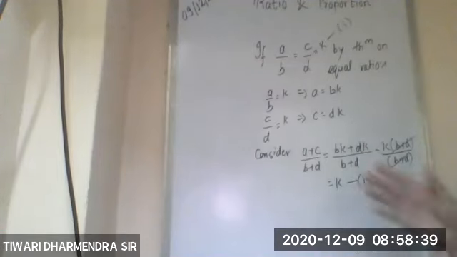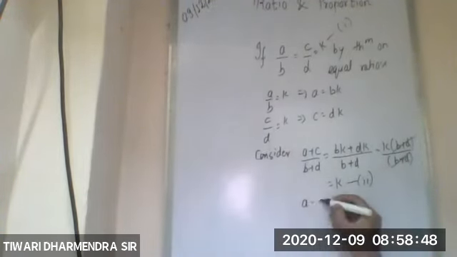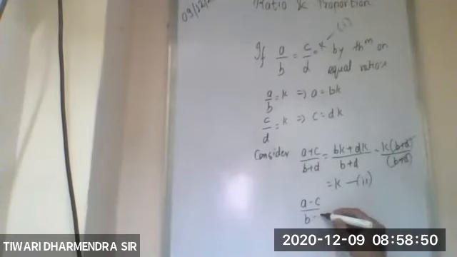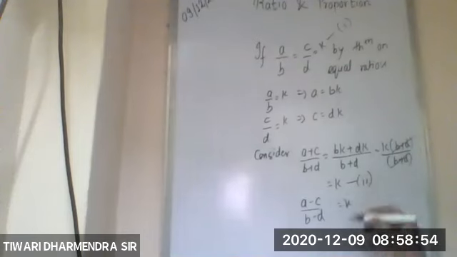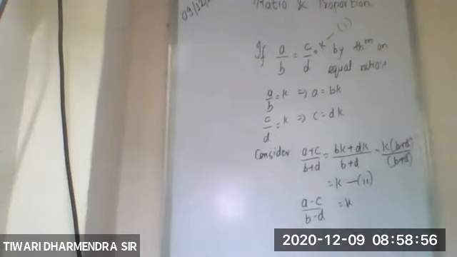There is no change. Similarly, you can do it for subtraction, that is by taking a minus c upon b minus d. You will get the same answer, that is equal to k. And from here we conclude. So in the problems, as per the need, as per the requirement, we will use the theorem on equal ratios.